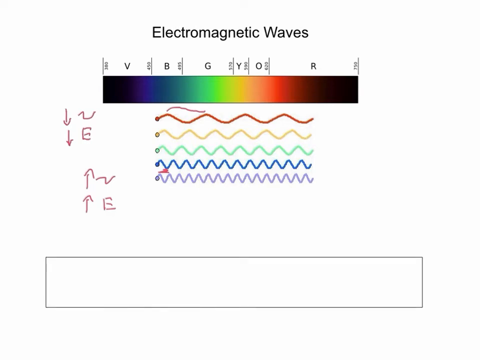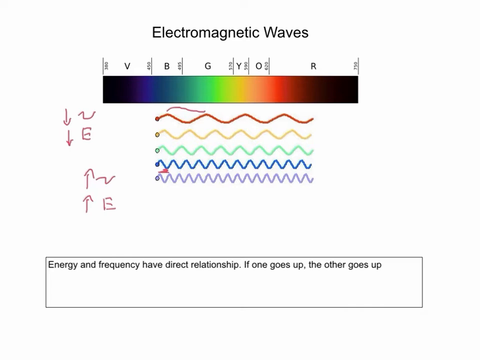So what we can say from this is that energy and frequency have a direct relationship. And what direct means, if one goes up, the other goes up. And if one went down, the other would go down.